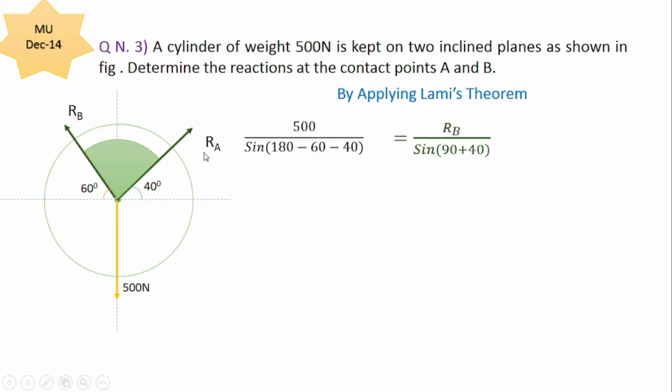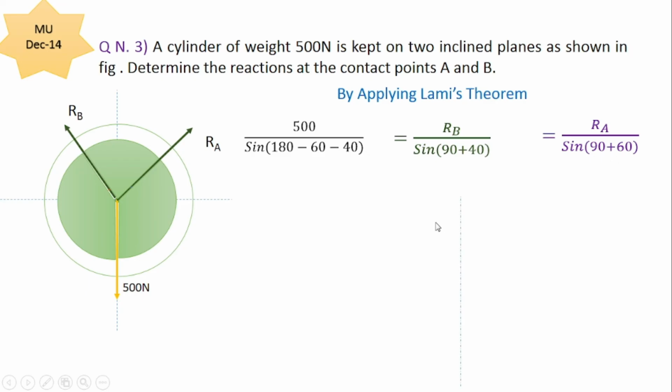The remaining two forces are RA and 500 Newton, so the included angle between them will be 90 plus 40, that is 130 degrees. Then the last force is RA. The included angle between the remaining two forces is 60 plus 90.